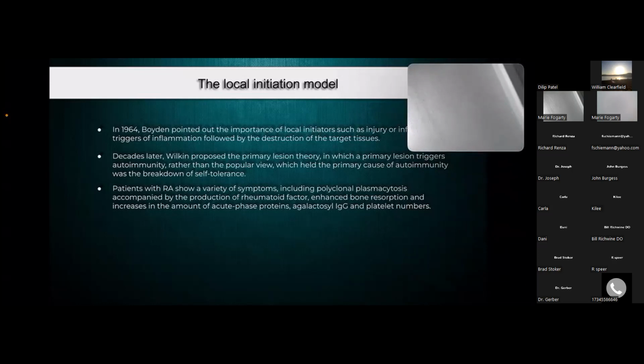Look, you've got plasmacytosis, production of more plasma cells, rheumatoid factor, which can be measured, enhanced bone resorption. Okay, we talked about that before, increased osteoclast activity. And you can see how that would start to break down the joint.